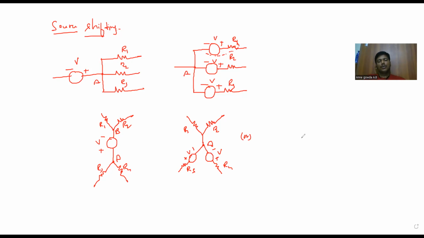Otherwise, you can pull that voltage source towards the node B. So this is the case.